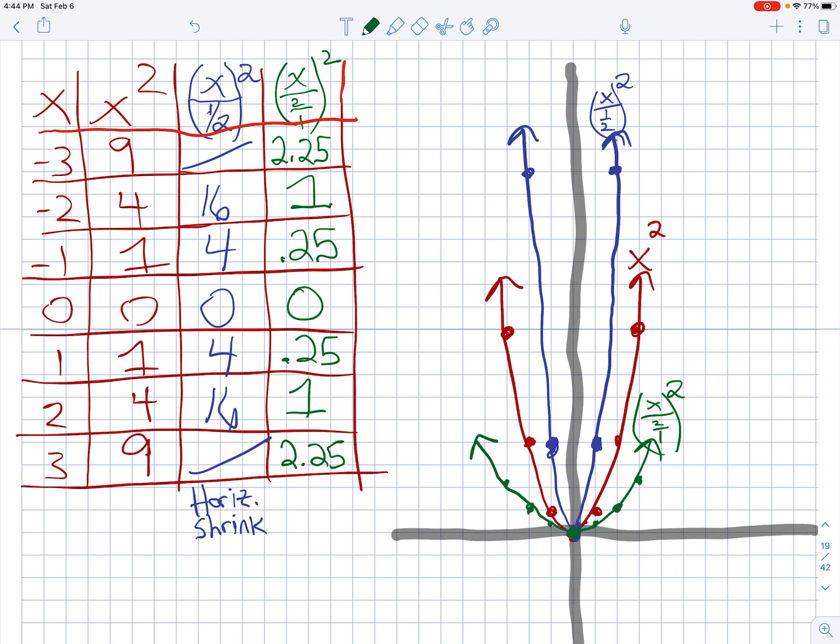See how that's further away from the y-axis than the original. So horizontally it got stretched out. That's a horizontal stretch.